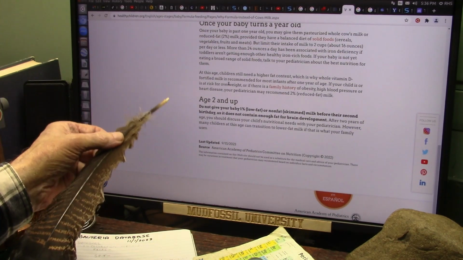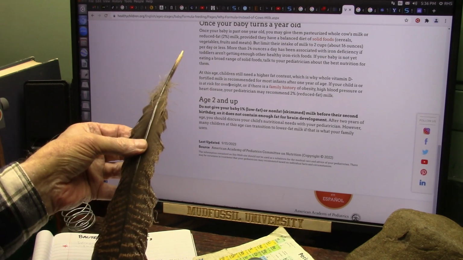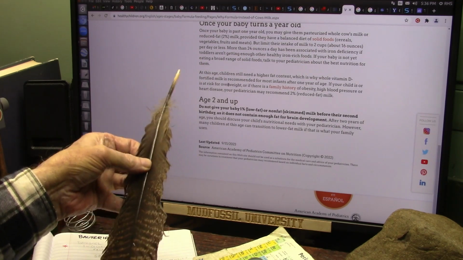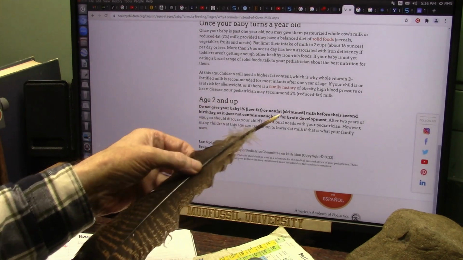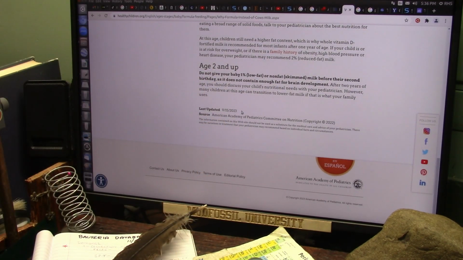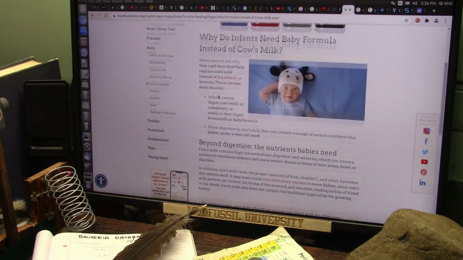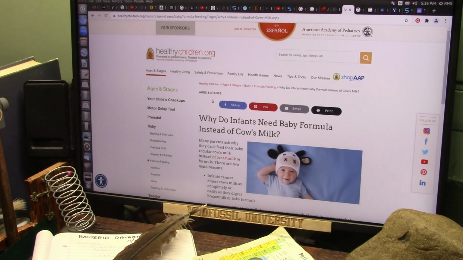They understood a lot about it, but they're starting to understand how important the bacteria and the enzymes are. The enzymes are the key. And then age 2 and up, and so forth. And this was just updated in September of this year, a couple months ago. So they're really starting to pay more attention to the real basics.